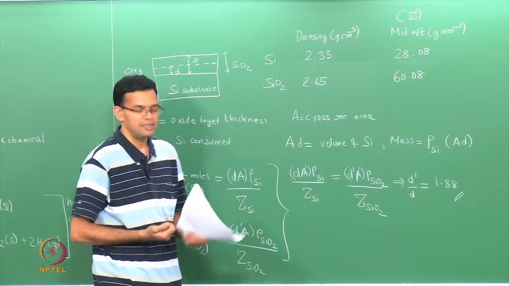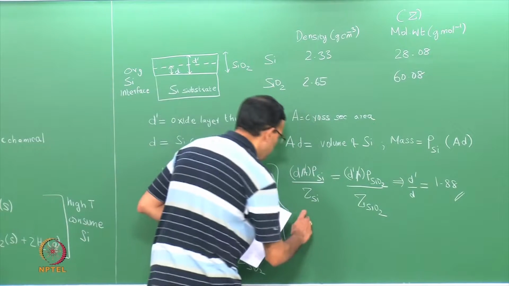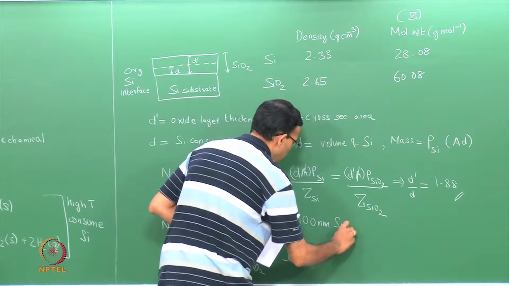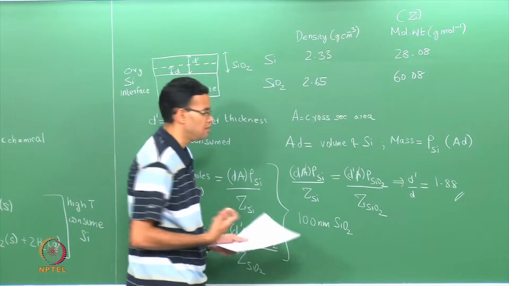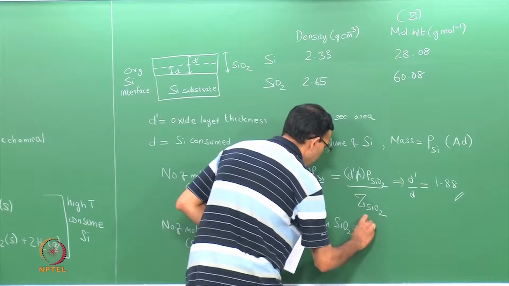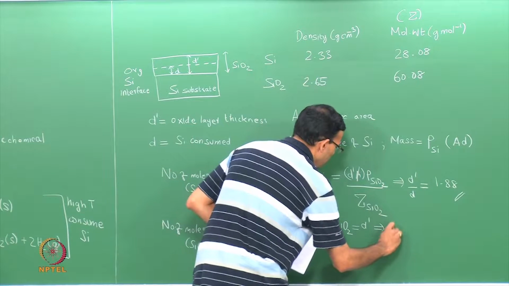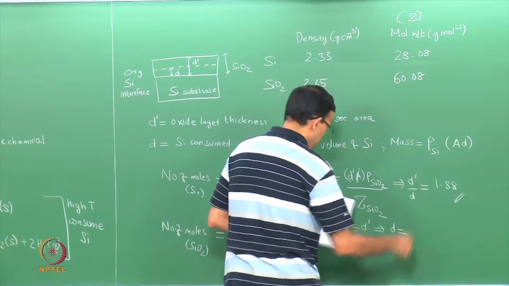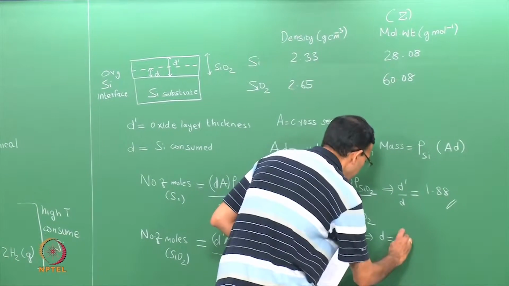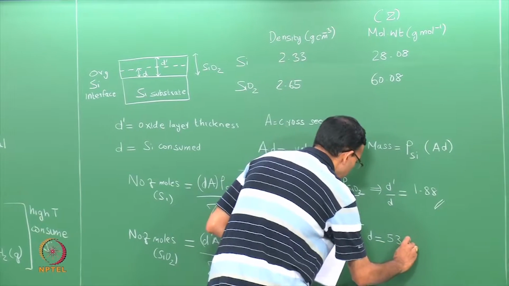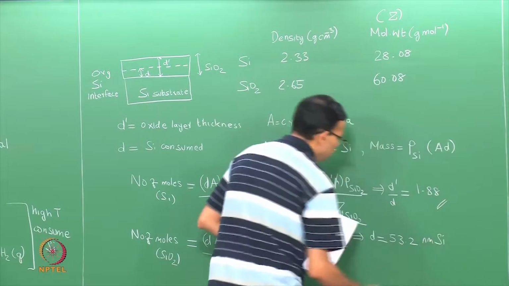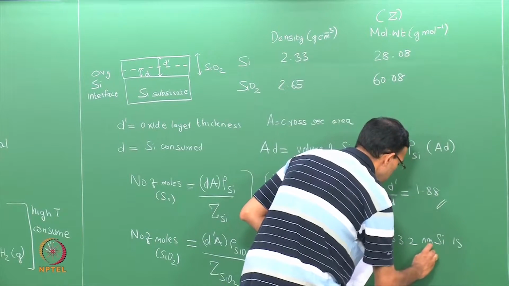So, if you take an example, let us say we want to grow 100 nanometers SiO2, that is the target thickness. So, this will be d prime, and the corresponding value of d is just d prime divided by 1.88. So, it is 53.2 nanometers of silicon that is consumed.